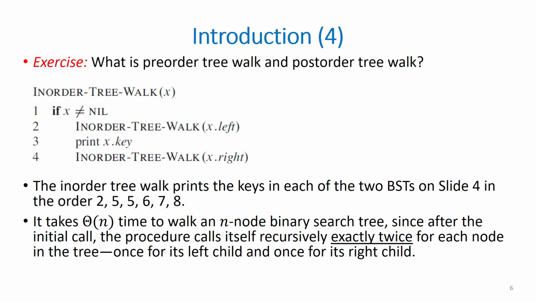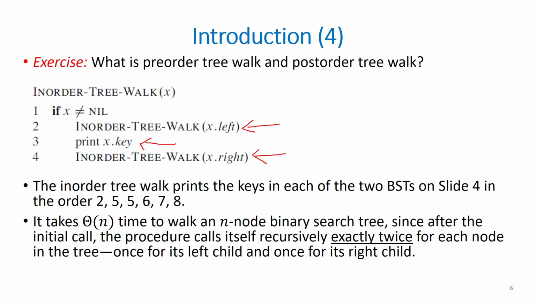This is the pseudocode of the in-order tree walk. As long as the BST has a node X, we recursively invoke the function on its left child, print the key of X, and then recursively call the function on the right child of node X.